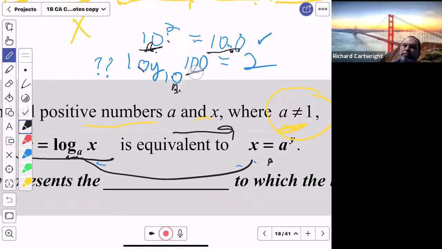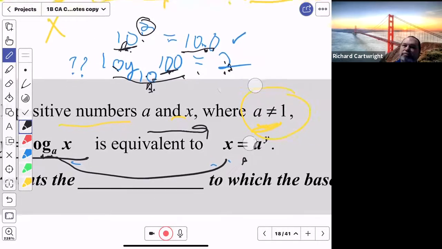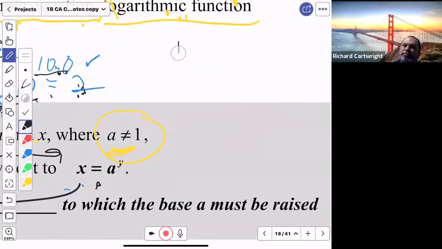Log base 10 of 100. And since in exponential the 2 was my exponent, the answer to a log is an exponent, so that's why the 2 goes here.